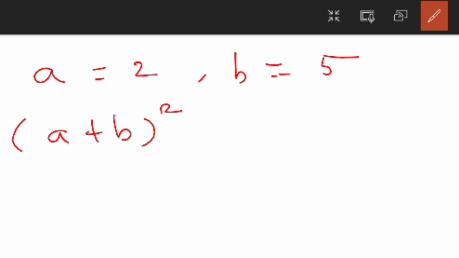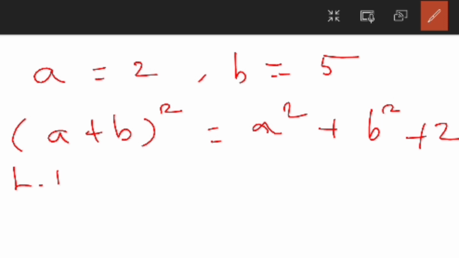So let us give a equal to 2 and b equal to 5. Suppose I take the value of a equal to 2 and b equal to 5, then we will see whether (a plus b) the whole squared is equal to a squared plus b squared plus 2ab, while substituting a as 2 and b as 5. Okay, so first we will take LHS.